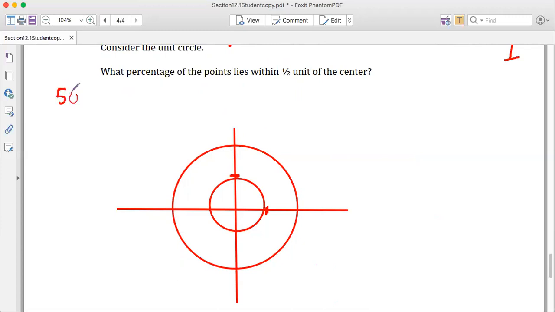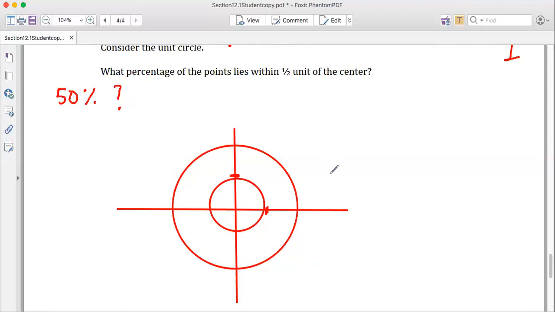And I think that sounds reasonable because we're saying what percentage of points lies within 1/2 unit from the center. The unit circle goes out 1 unit in all directions, and my new circle only goes out 1/2 unit. So I can understand why we would want to say, well, maybe 50%?